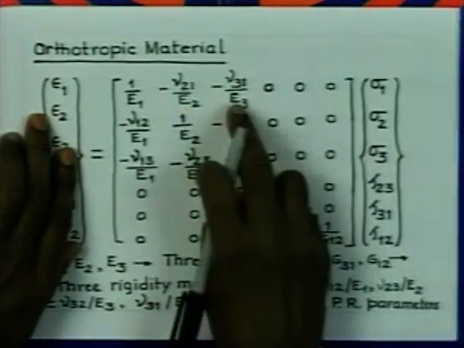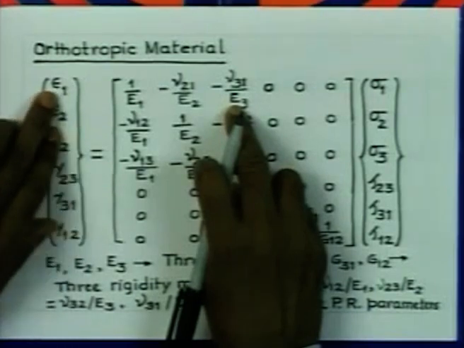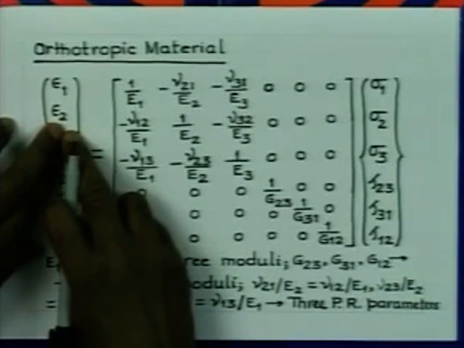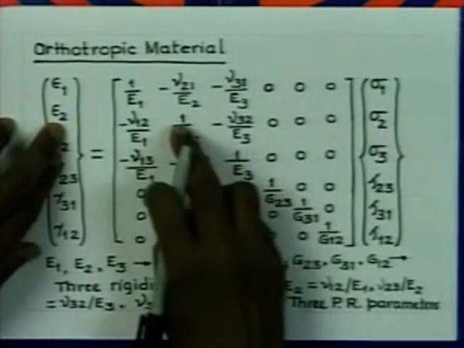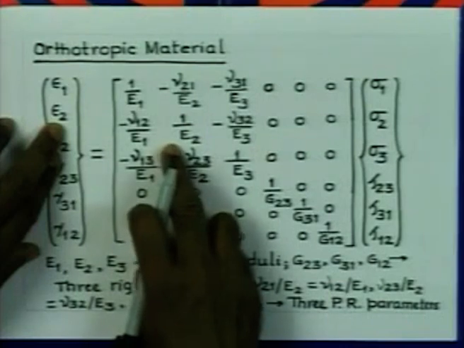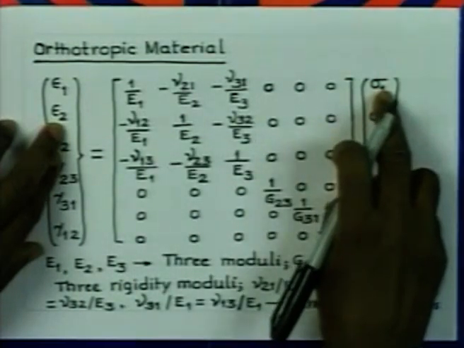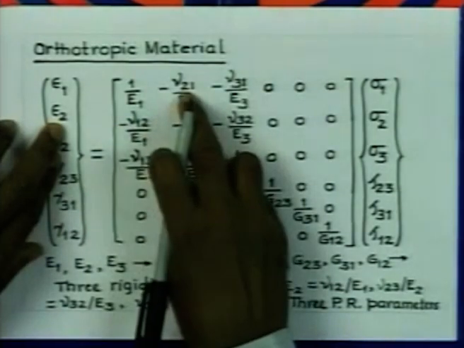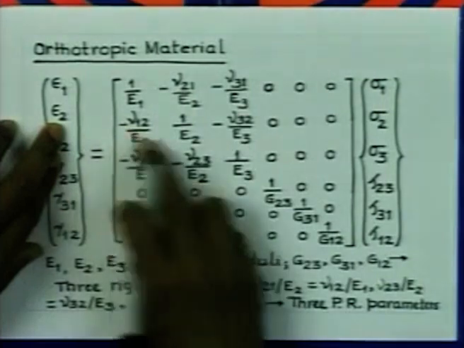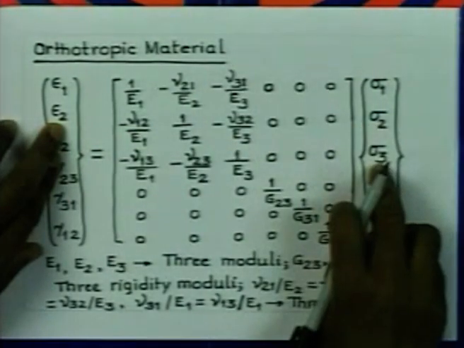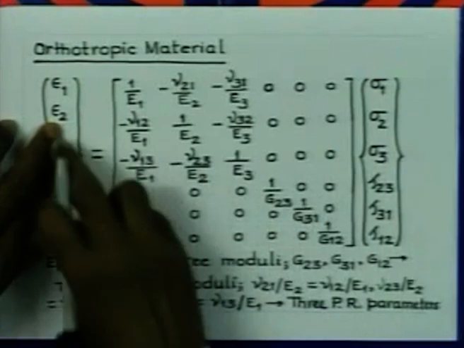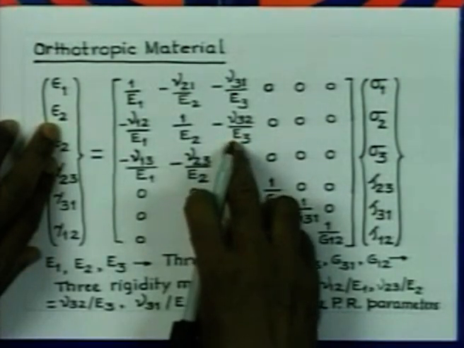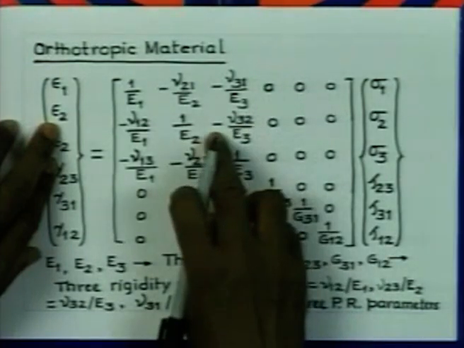Similarly, sigma 3 is going to give a contribution to direction 1 like this. You can go on writing: in direction 2, the strain due to sigma 2 is sigma 2 by E2, and the strain due to sigma 1 is sigma 1 by E1 multiplied by nu 12. You see that this is nu 21, this is nu 12. Similarly, sigma 3 is going to give strain in direction 2 given by sigma 3 by E3 into nu 32, and it is negative.